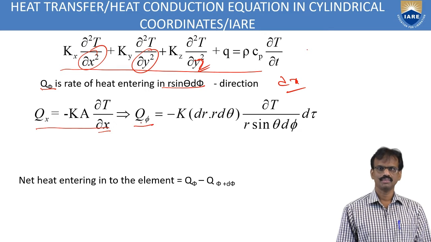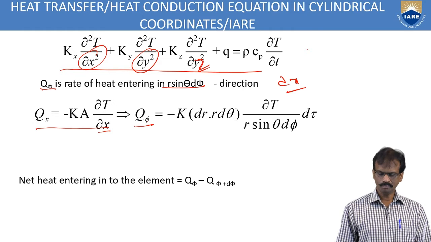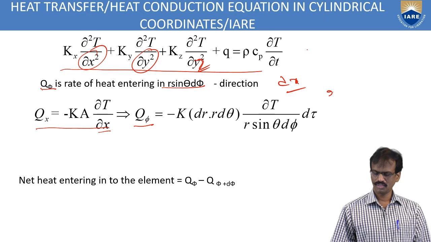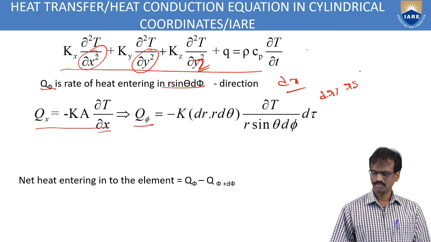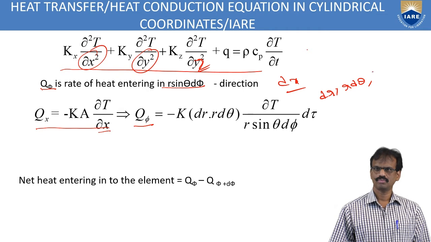Similarly for q phi. Then the area: there are three surfaces, one is dr, another is r d theta, and r sin theta d phi.